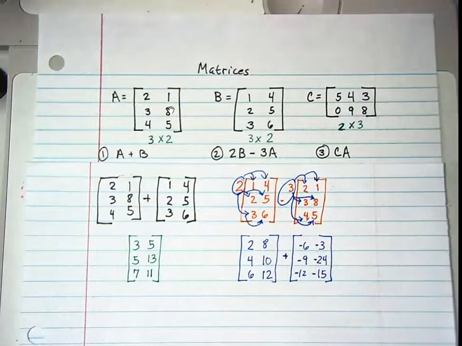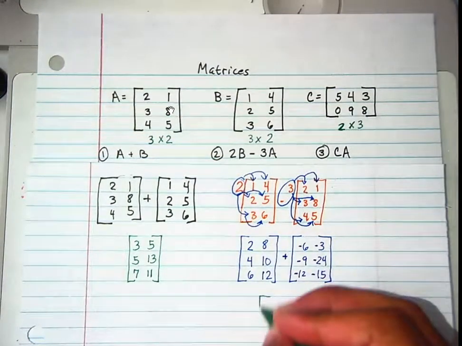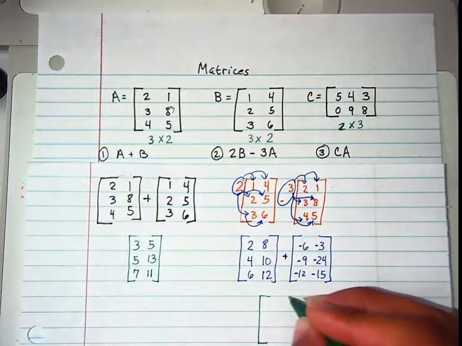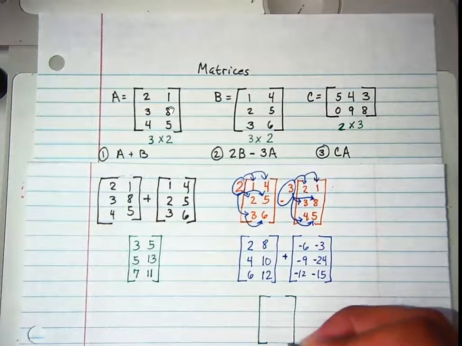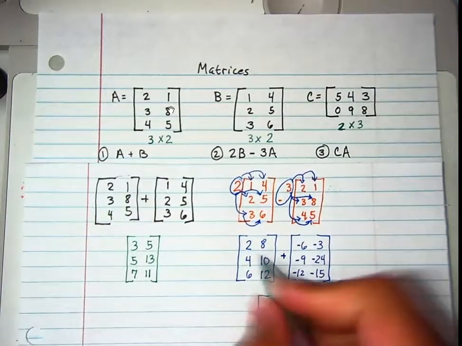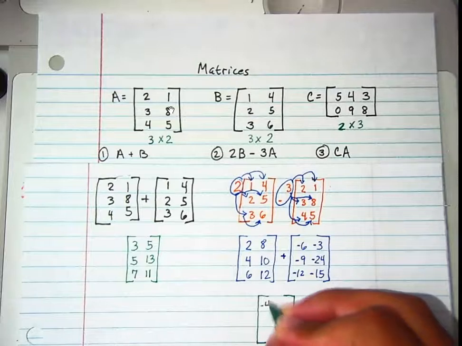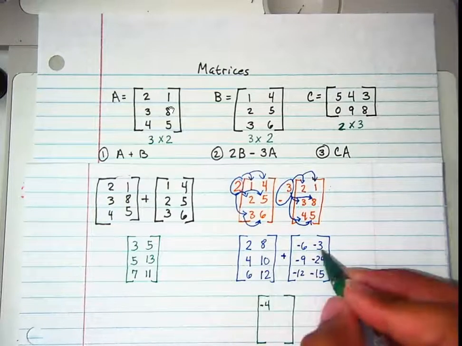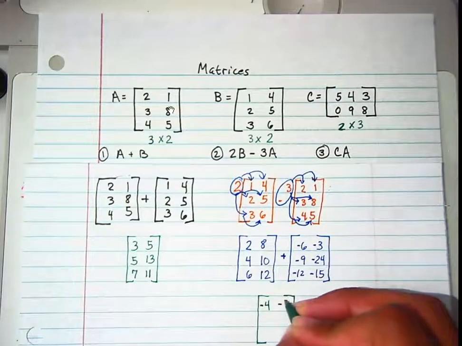All right, and then the last part is just adding them up now, combining them. So 2 and -6 is -4. 8 and negative 3 is positive 5, sorry.